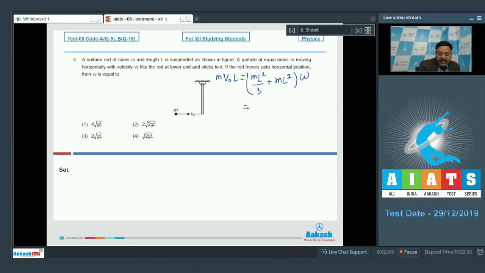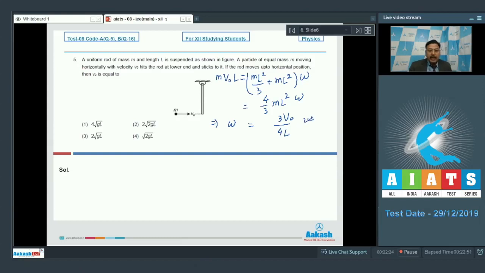So on the right hand side, if we simplify, it is 4 by 3 ml square into omega, and on simplification we can see that the value of omega will be 3V0 upon 4L.